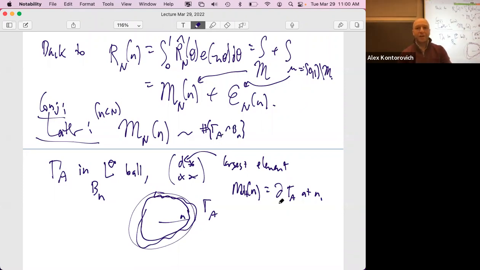Now, if you know that the size of this is n to the 2 delta, right? The number of elements of gamma A in a ball is some constant times n to the 2 delta. So what's the derivative of that? Well, a 2 delta comes down and the power of n decreases by 1.